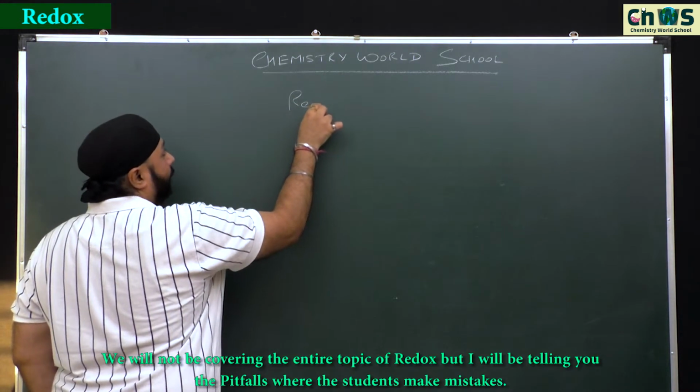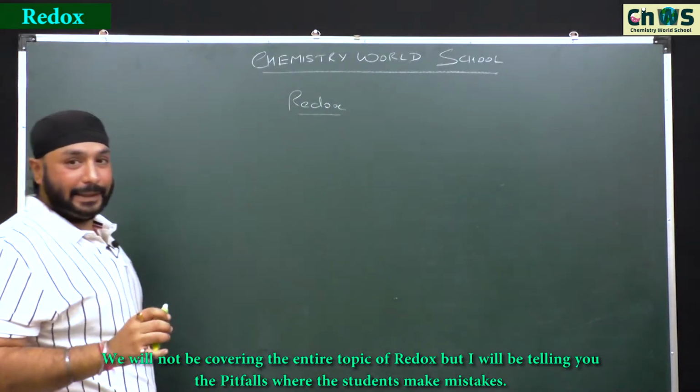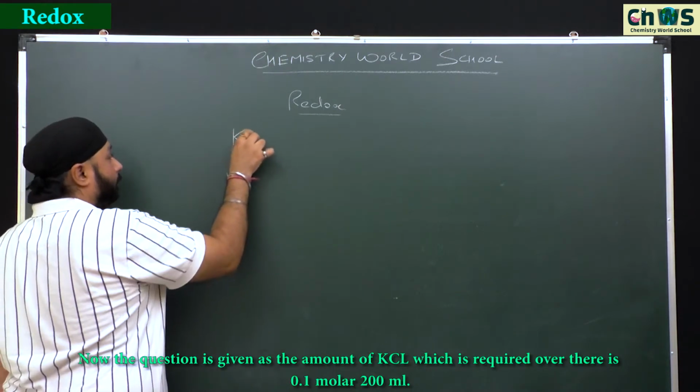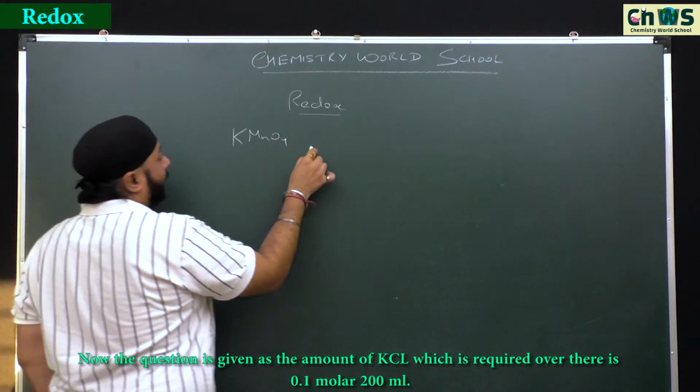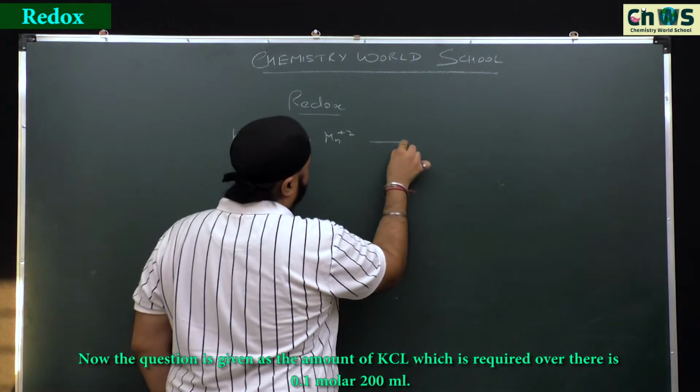We will not be covering entire redox, but I will be telling you the pitfalls where the students make mistakes. Let us consider a reaction like KMnO4 reacting with Mn2+ and converting into MnO2.